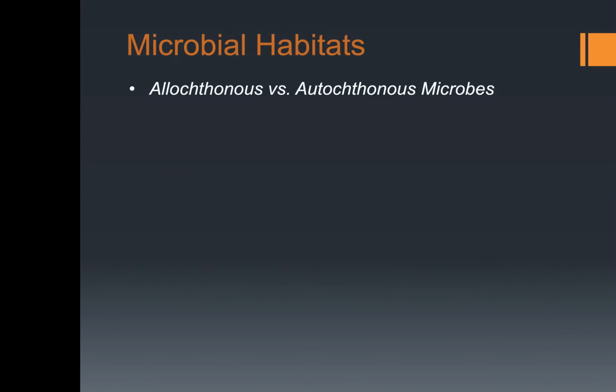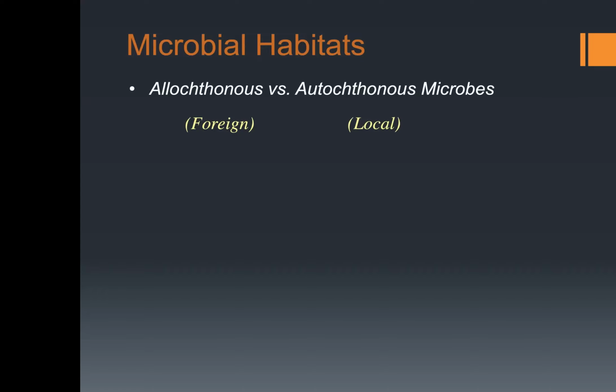So habitats, of course, have a huge impact on microorganisms. And when we study microorganisms in the environment, one of the first questions that you should ask is, are these indigenous or local organisms, or did they come from somewhere else? So we use these terms allochthonous and autochthonous.